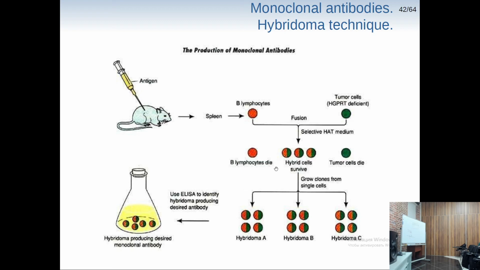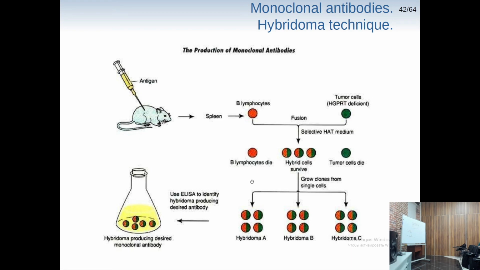And since all these cells were derived from only one hybrid of this one lymphocyte and one cell, it will synthesize only one clone of antibodies. And then we can screen which antibodies can bind to which part of our protein.